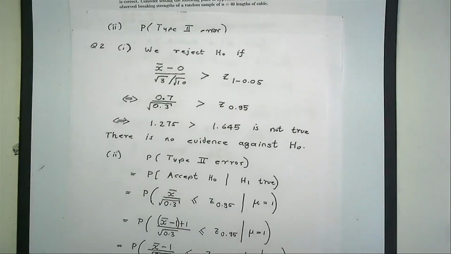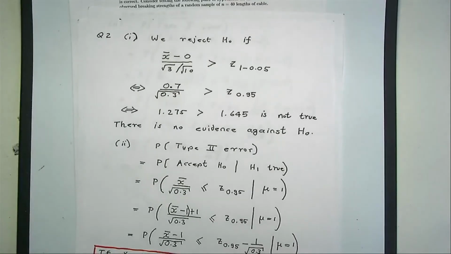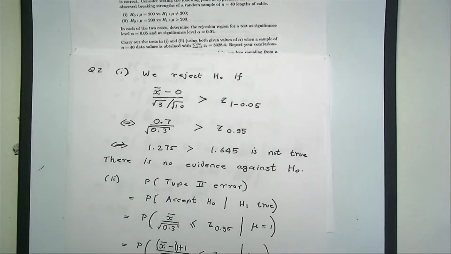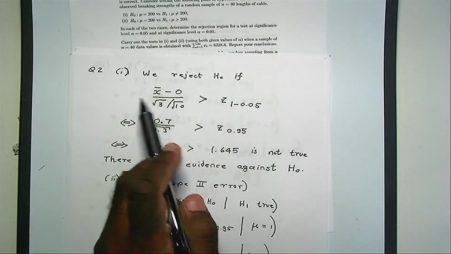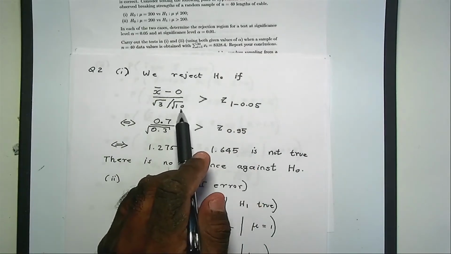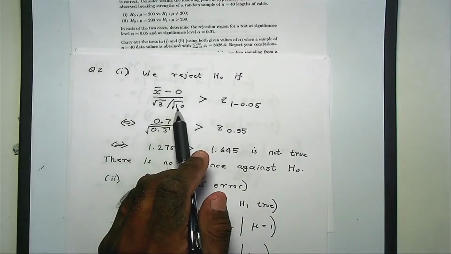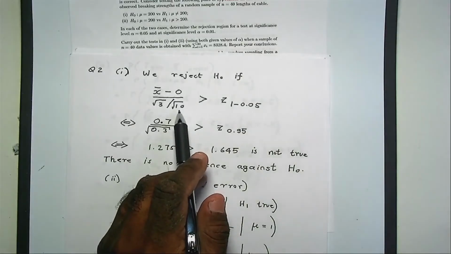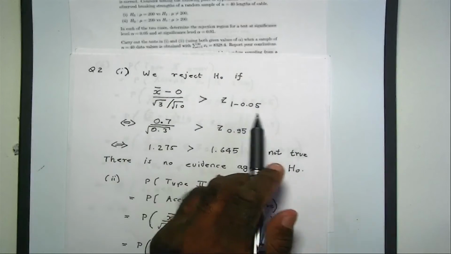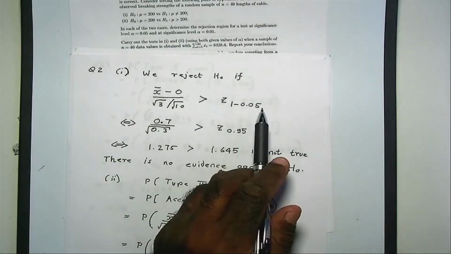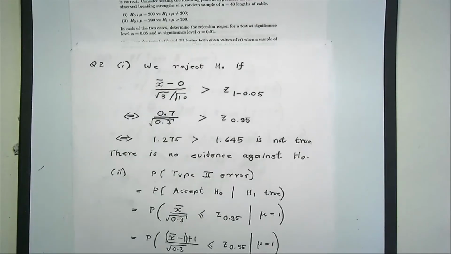We said that we reject the null hypothesis if this is the case, with a sample size of 10. Now the question is, what is the sample size that we need, so that this here becomes greater than this? So that's the question.